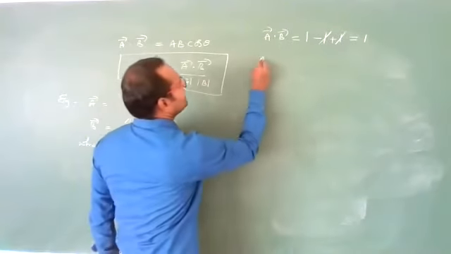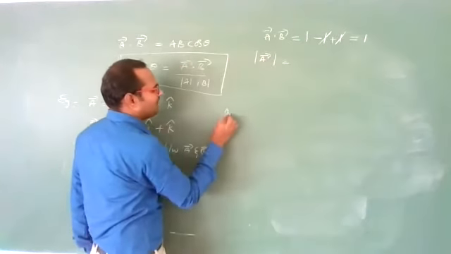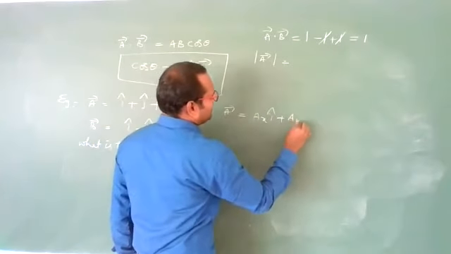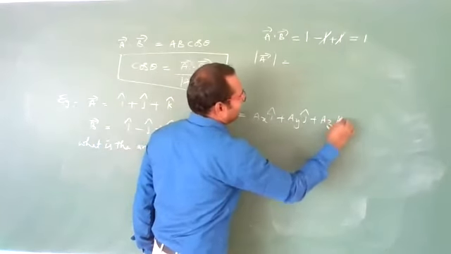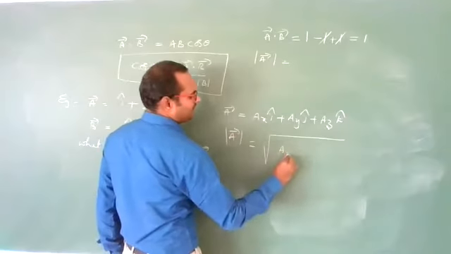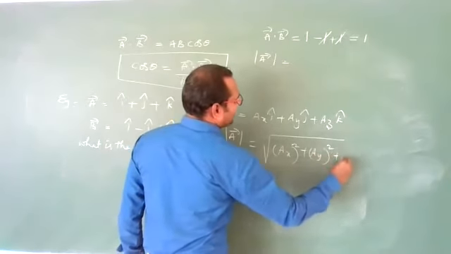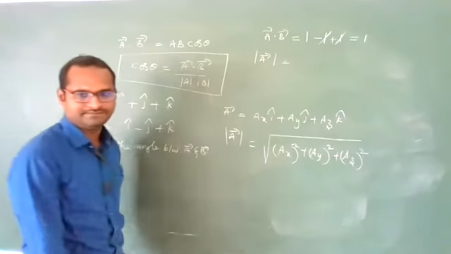Students, how to find the magnitude of A? Let us suppose we have a vector A bar, that is AX i cap plus AY j cap plus AZ k cap. To find its magnitude, the formula is under root of AX whole square plus AY whole square plus AZ whole square. This is the formula.